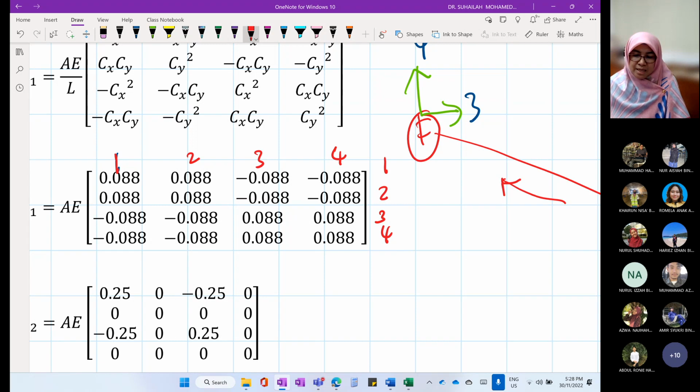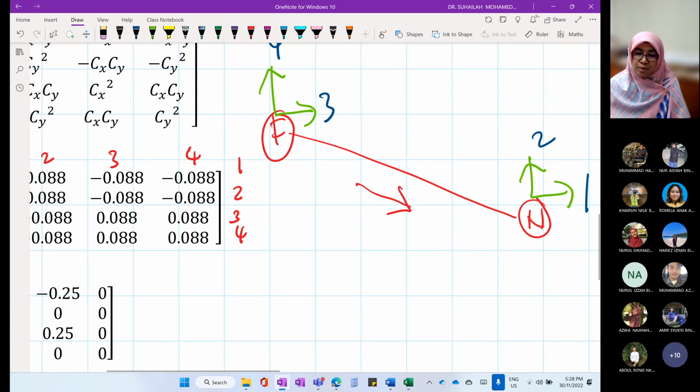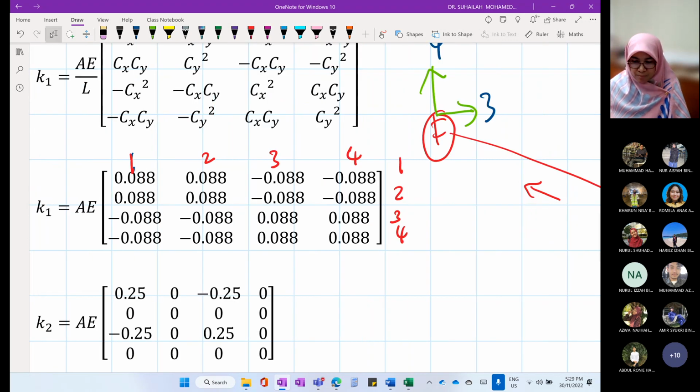So it is 1, 2, 3, 4. If the arrow occurs in the opposite direction, we will call the degree of freedom starting from 3, 4, 1, 2, because we always need to refer to the arrow.